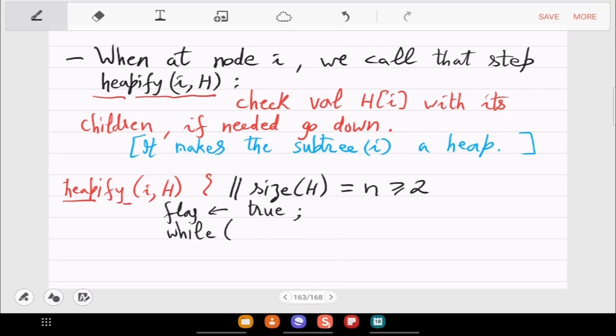And while you have not reached the lowest level, which is n minus 2 by 2, these will be the iterations under the while condition.